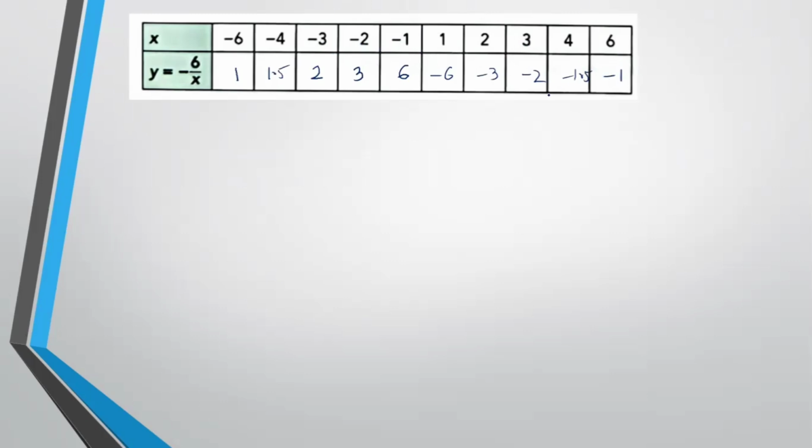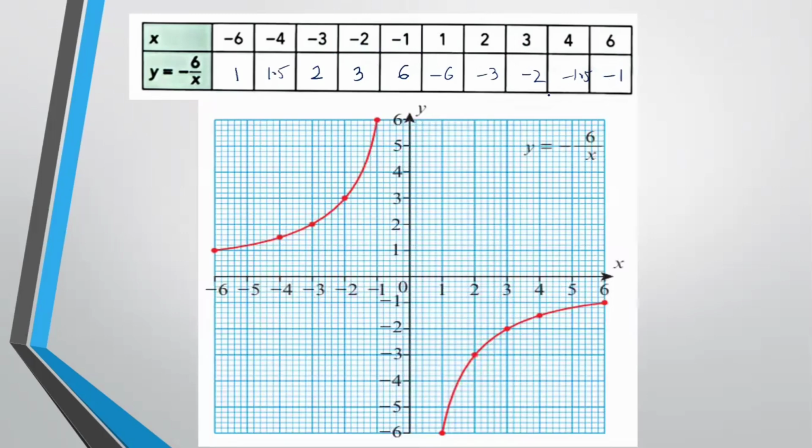And let us plot the graph for this. Here is the graph for you. Minus 6, 1, minus 4, 1.5, minus 3, 2, minus 2, 3.